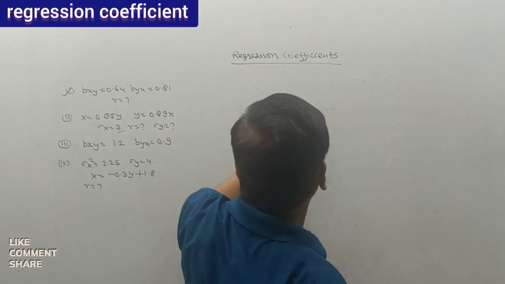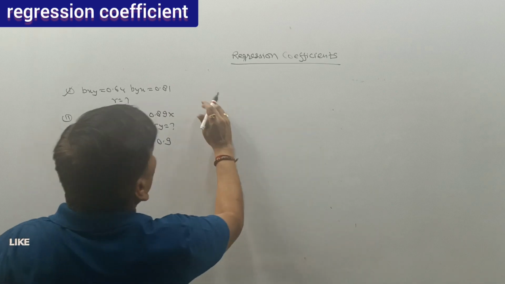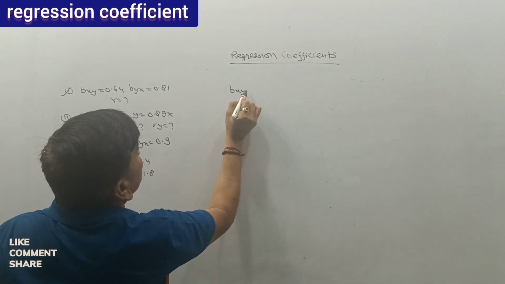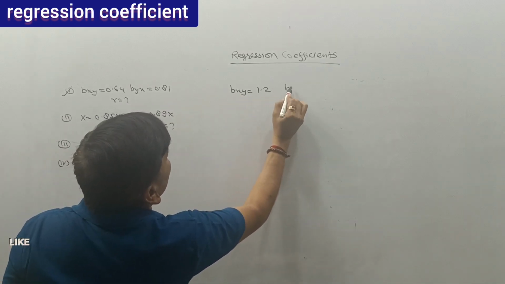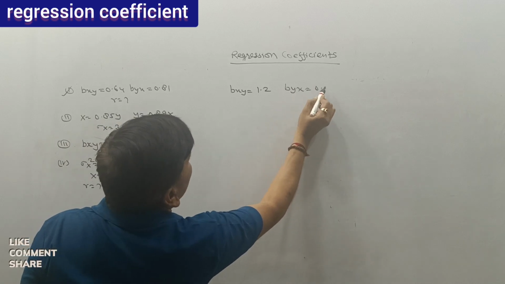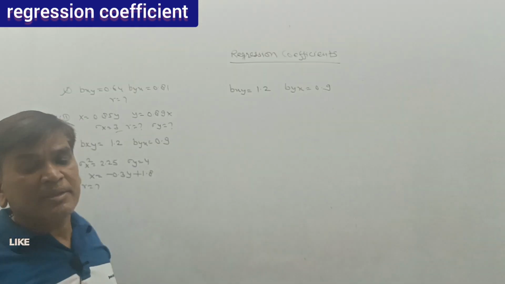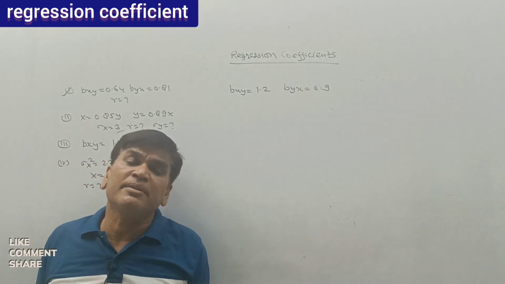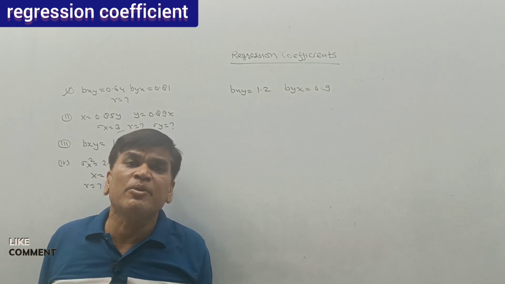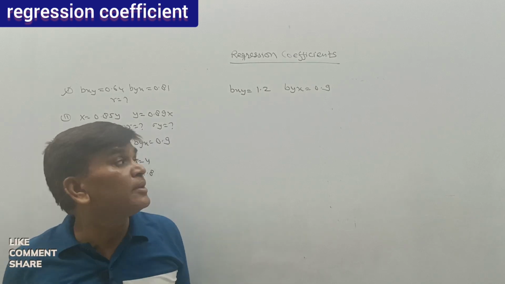A student has scored the value of bxy as 1.2, and the value of byx is 0.9. The question is whether the student has calculated the values of bxy and byx correctly or not.